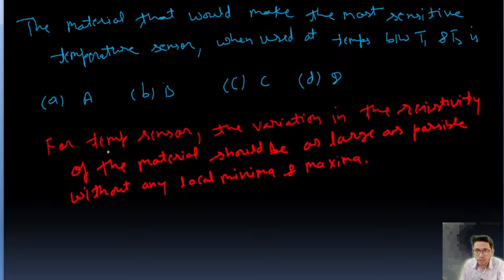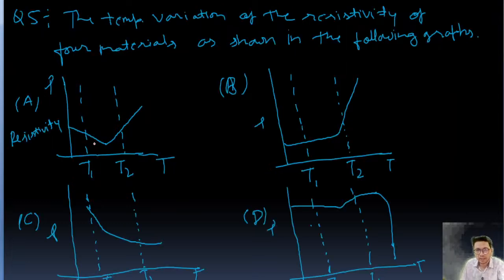So here you need to check. Now what condition do we know? The variation should be as large as possible, and there shouldn't be any maxima or minima. On the basis of this statement, we'll check the graph. Here we can see there is a variation, but there is a minima present, so this is not correct.